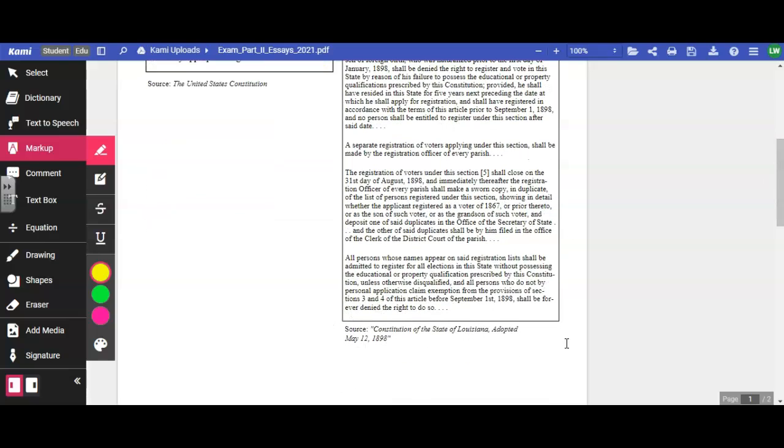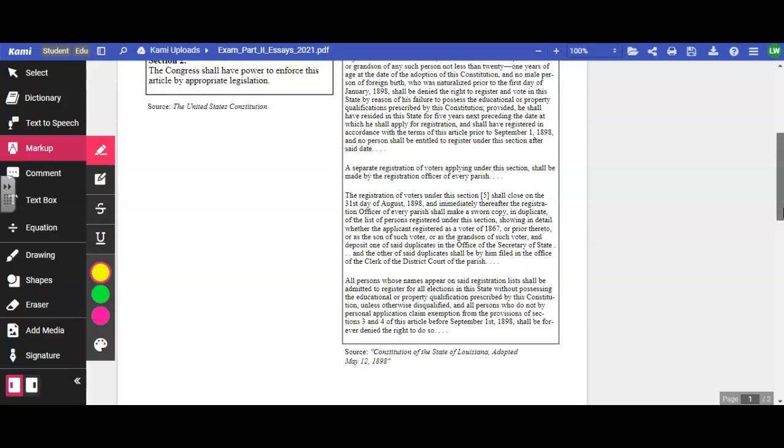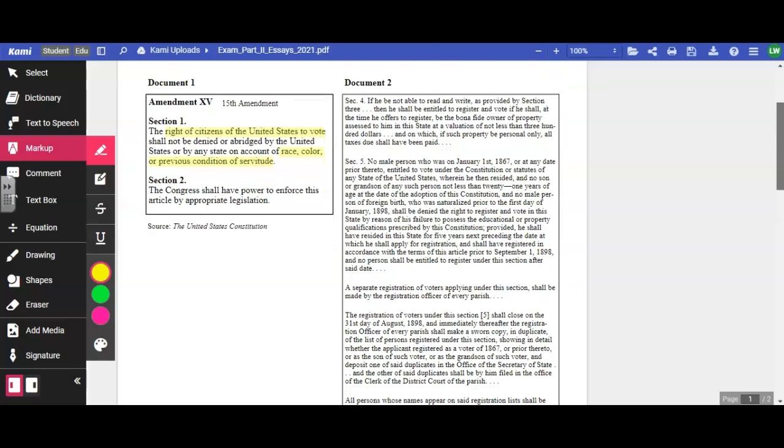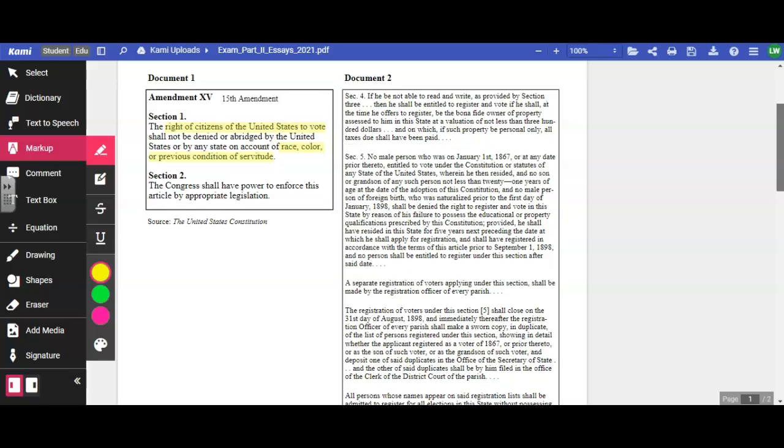It says the Constitution of the State of Louisiana adopted in 1898. I know that the 15th Amendment was created before that, I want to say 1870s, 1860s, not quite sure. So we're looking at after the 15th Amendment was created. Let's take a look at this.